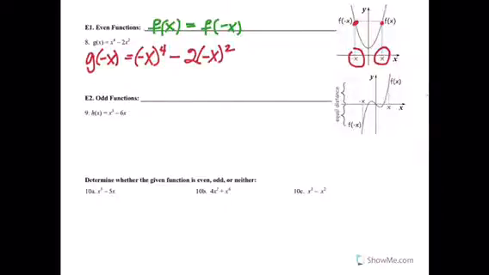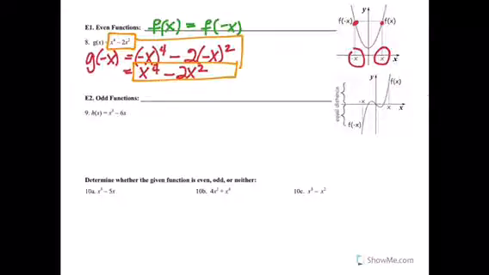So this simplifies to x to the 4th minus 2x squared. Now because this expression, the one I started with, and this expression, the one I got when I plugged in negative x, are equal to each other, I can say for certain that g of x is even.